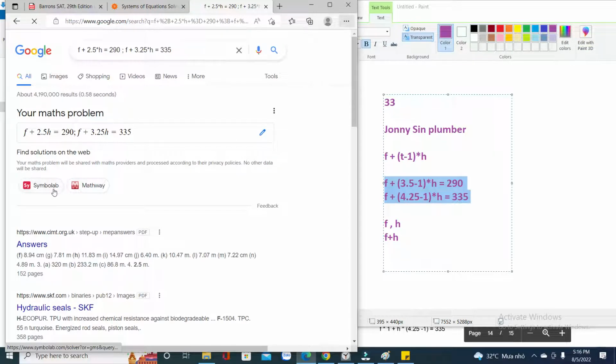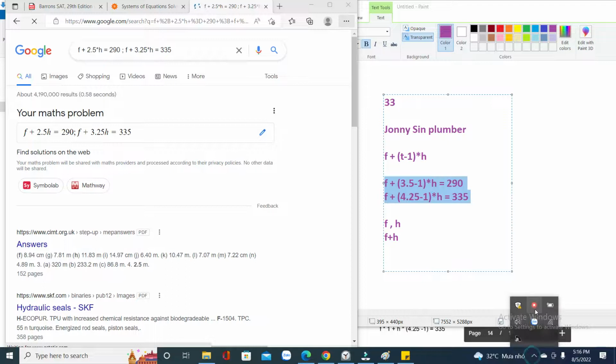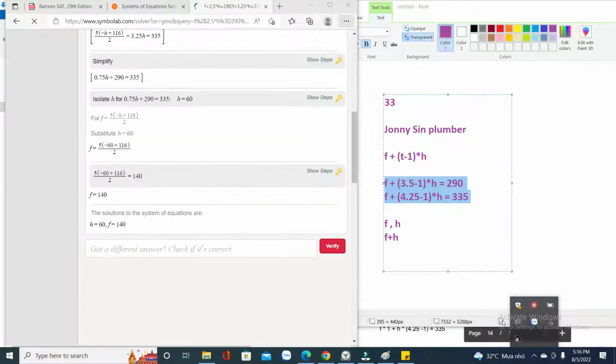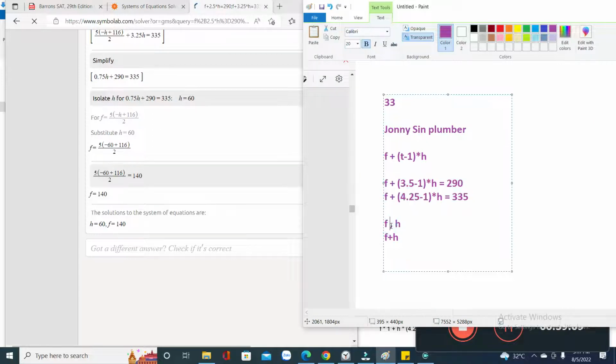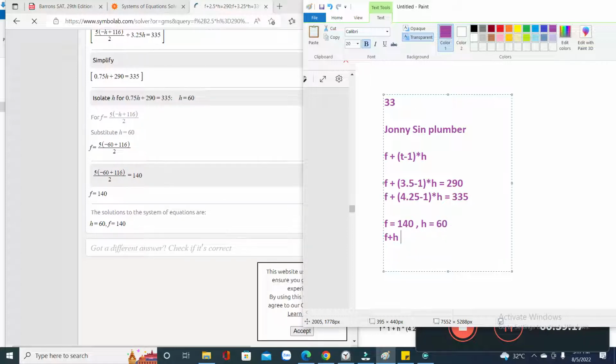So let's solve it. In this equation we solve for F, and we got F equal to 140, and H equal to 60. That means F plus H is 200.